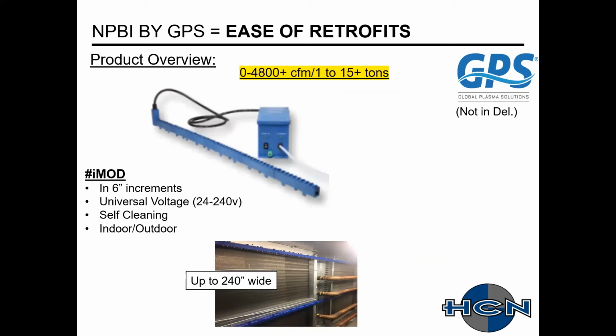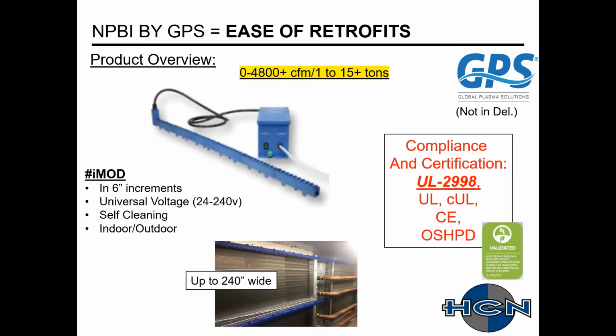They have universal voltage, so it's very adaptable for your existing electrical service. It can be located indoors or outdoors, and they also have a self-cleaning device. The picture in the lower center just shows the blue iMod product attached to a cooling coil. It can be up to 240 inches wide.